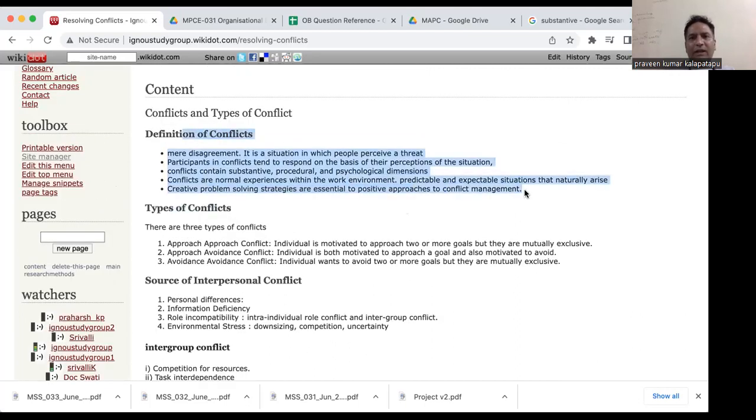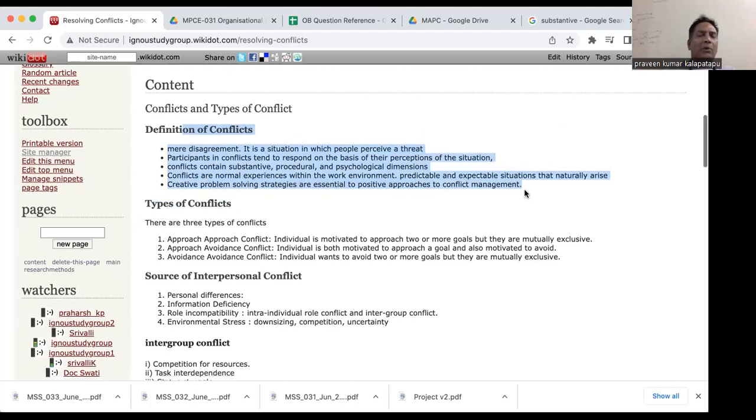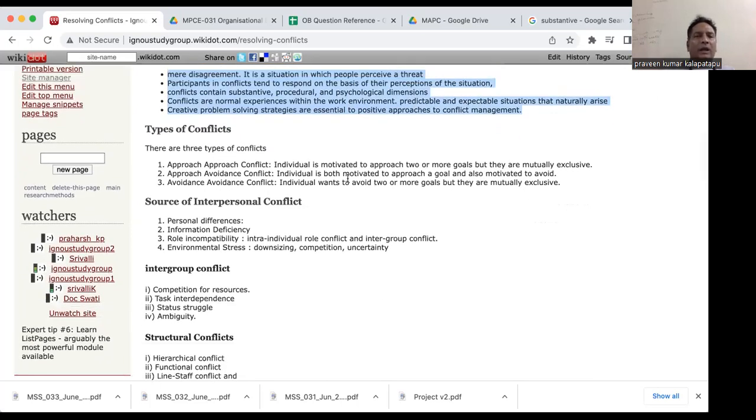So that is the definition of conflict. This is what conflict is all about, right? Now going into the types of conflict. These are types of conflict within the individual. First is approach conflict.